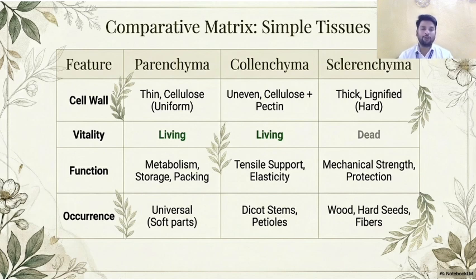The collenchyma functions include providing tensile support and elasticity in a particular tissue, and sclerenchyma provides mechanical strength and also protects from different injuries. Then their occurrence: parenchyma is found universally in soft parts. Collenchyma is mainly found in dicot stems and petioles. Sclerenchyma is mainly found in wood, hard seeds, and fibers.